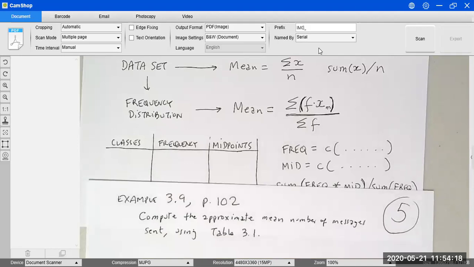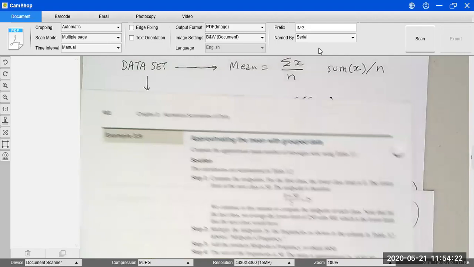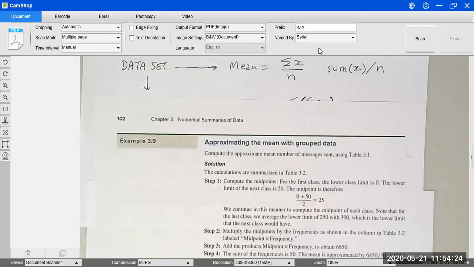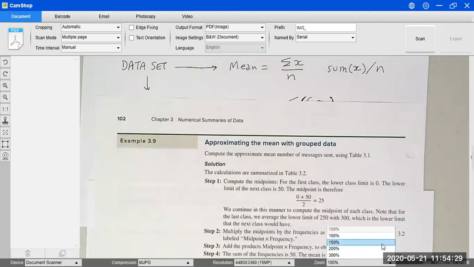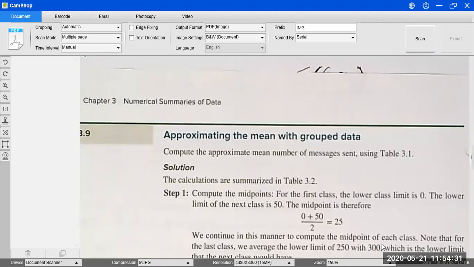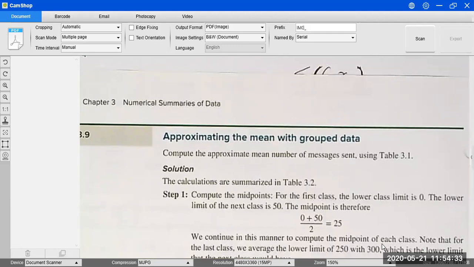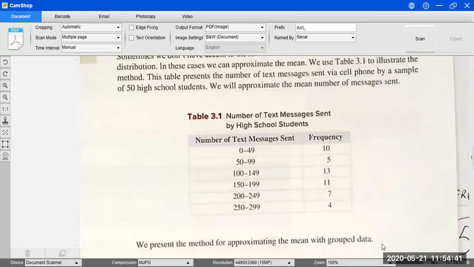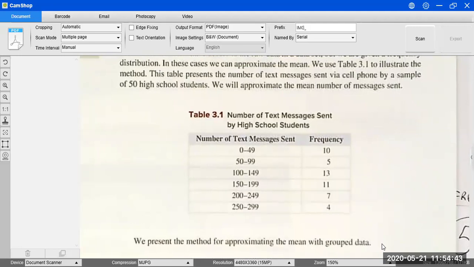So we have here the problem on page 102. Let me show you the problem. First is just what I just wrote: compute the approximate mean number of messages sent using table 3.1. So we're going to need to copy table 3.1, which is on the previous page.